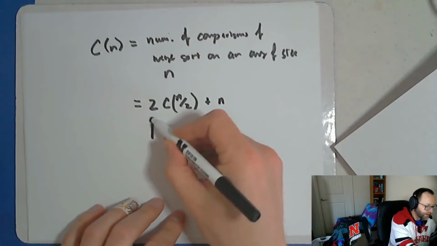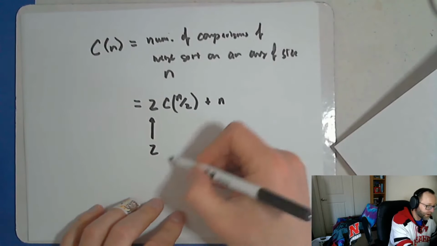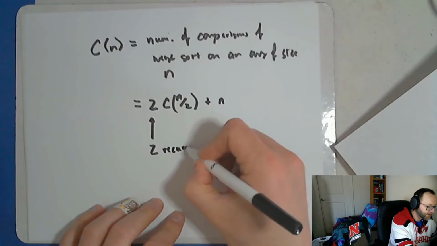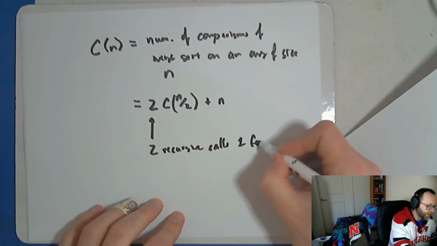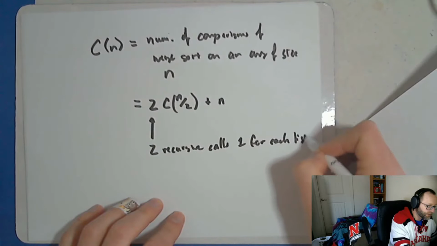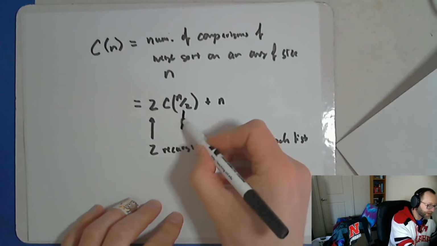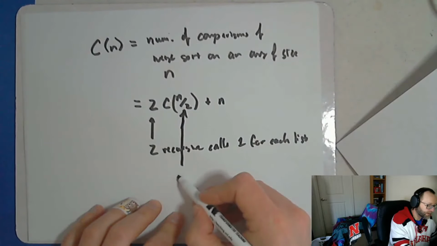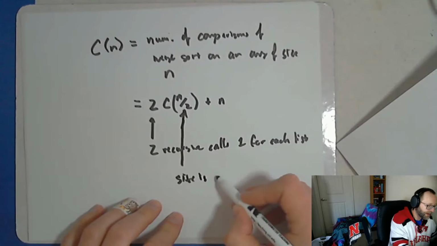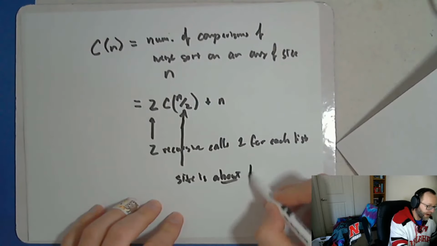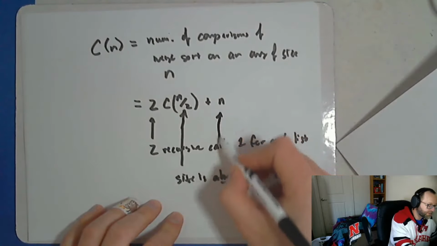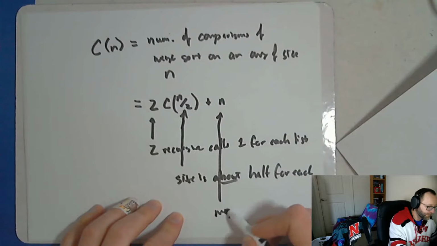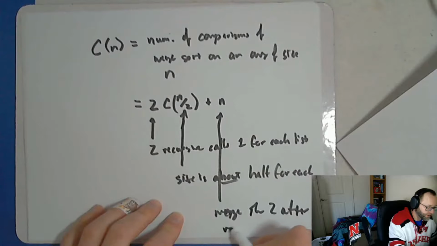So, again, this is two recursive calls, one for each list. This is my input size here. Size is about 1/2 for each. Right? And then this is my merge operation. Merge the two after recursion.